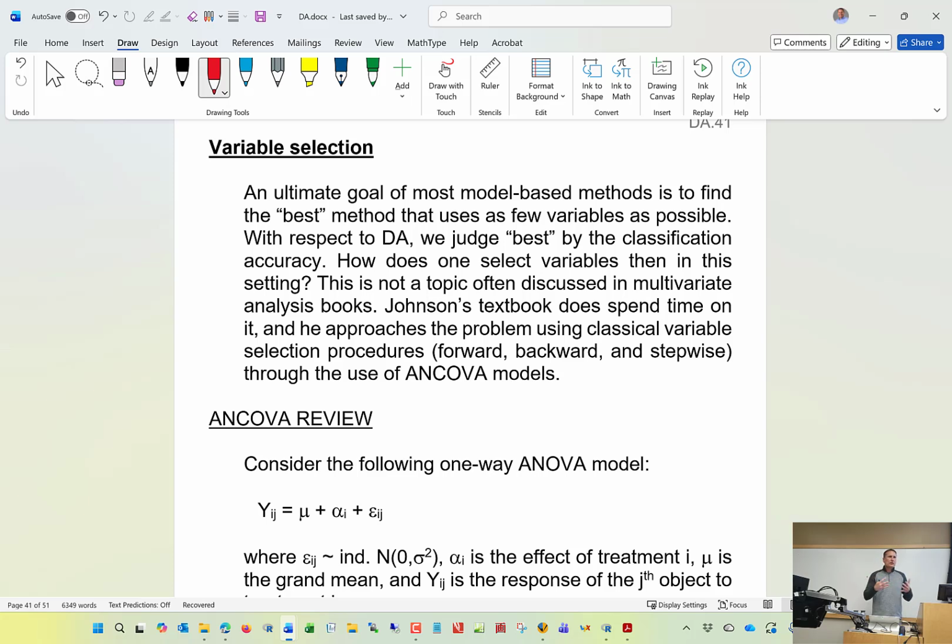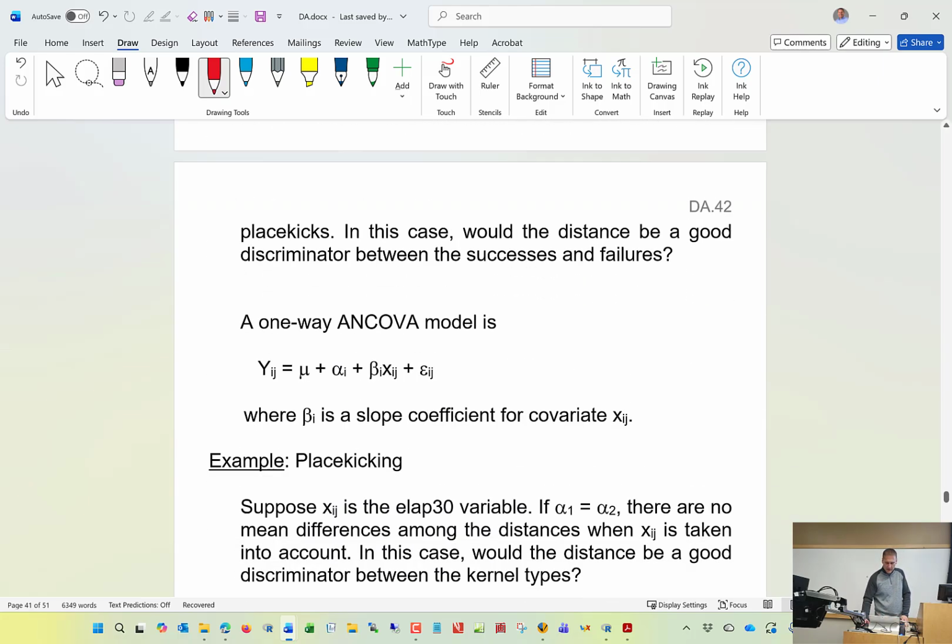Which variables should you include in the discriminant analysis? Should you include them all or not? It's like model selection if you've done model selection for regression analysis. And what people usually do with discriminant analysis, they usually don't address this. And so that's why a few years ago I decided not to, but I've written up notes on how to do it, and so you're welcome to see it if you're interested.